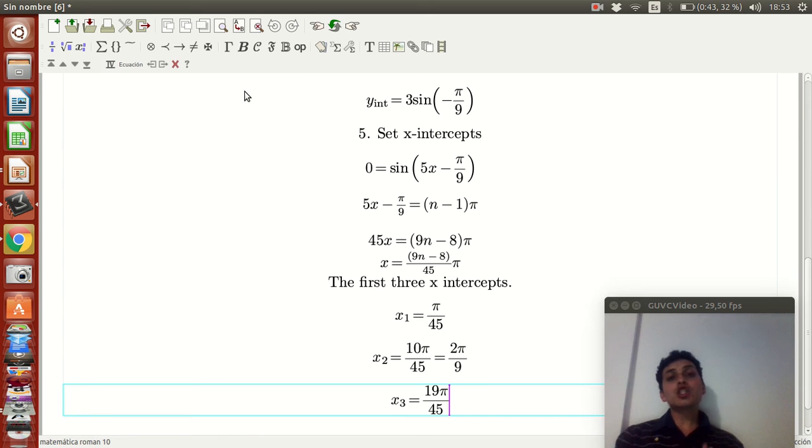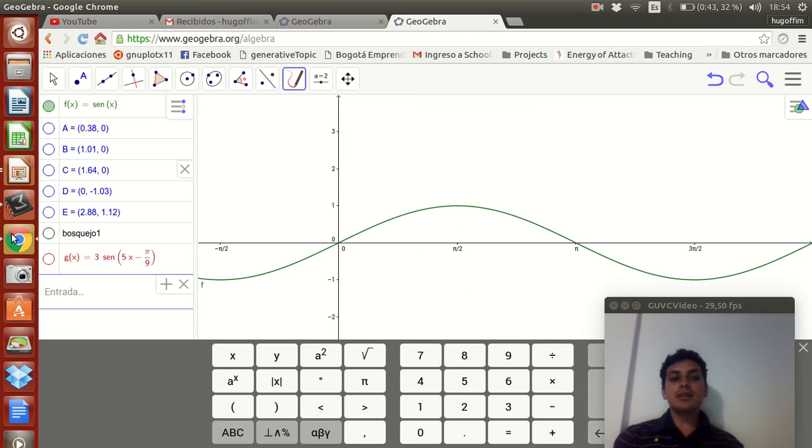Something you can do to check whether your answer is right or not is to subtract the third intercept and the first intercept, because the third intercept and the first intercept should give the period. If I subtract the third intercept and the first intercept, I should have the period.